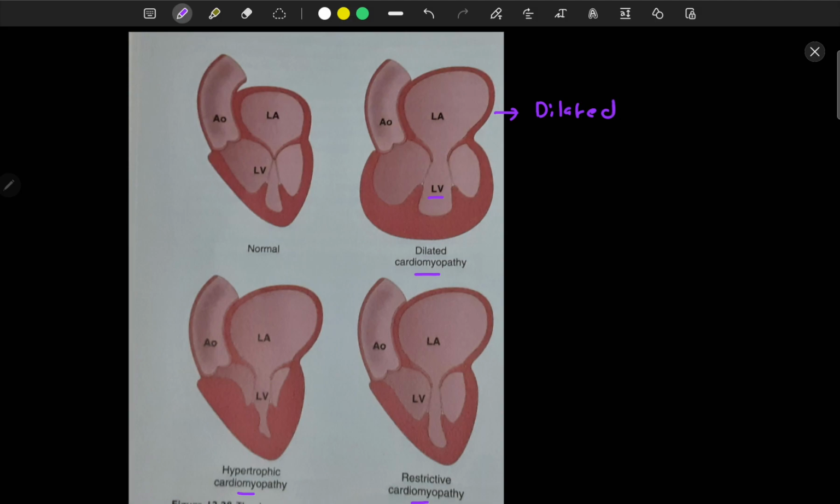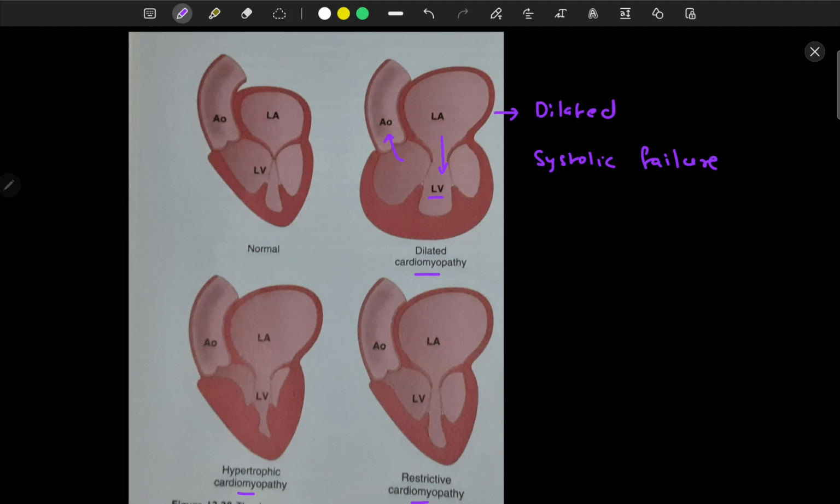As you can see in the figure, they actually get ballooned out. That means the blood can be accommodated in this left ventricle, so there is no diastolic failure. Instead, it is unable to contract the blood to the aorta because it is dilated. So there is systolic dysfunction or systolic failure in dilated cardiomyopathy.